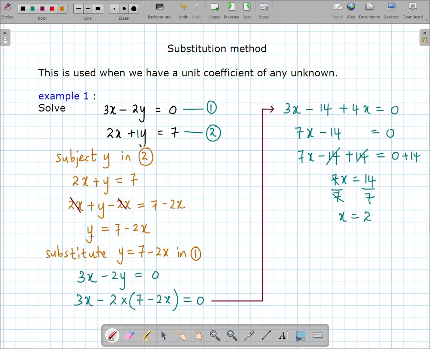We already subjected y, that is y equals 7 minus 2x, and we substitute x equals 2 here and find y value.